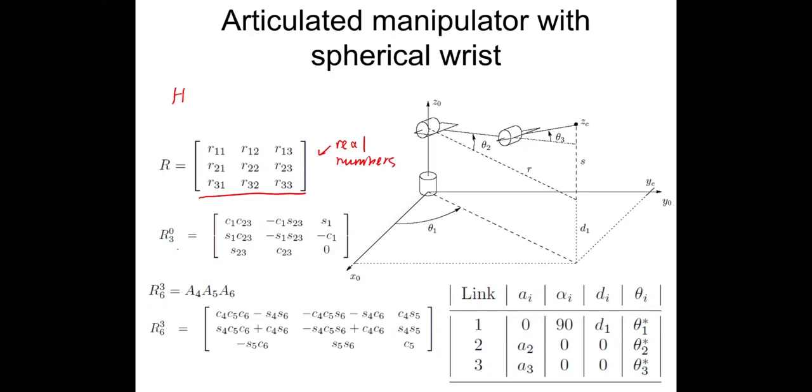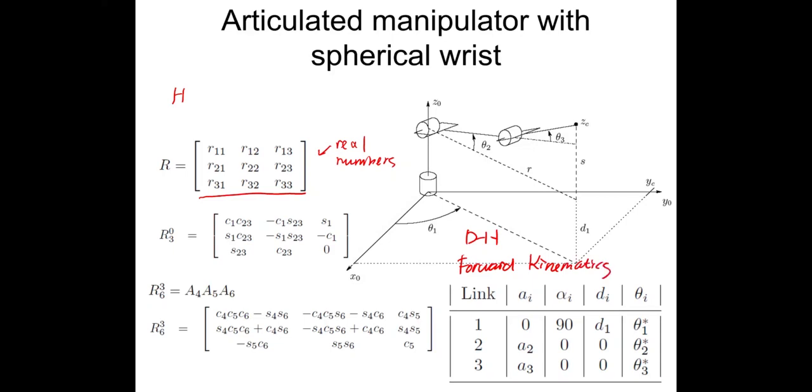And how about R30? From the forward kinematics, if we want to calculate R30 or R60 or R63, all of these we can calculate from the DH convention, which means this table, and that is the forward kinematics.